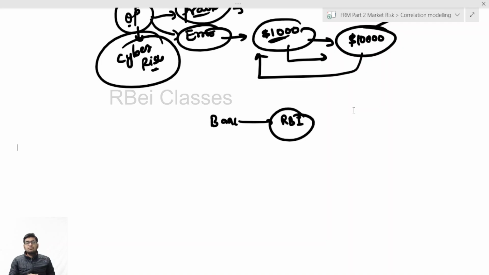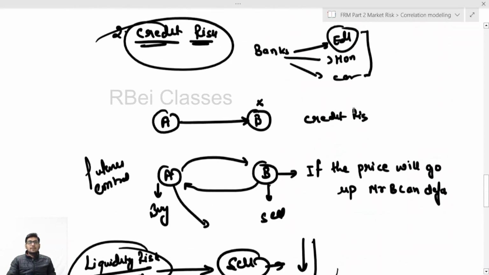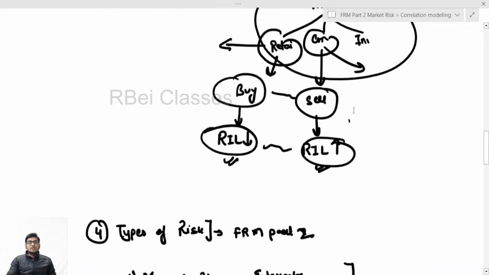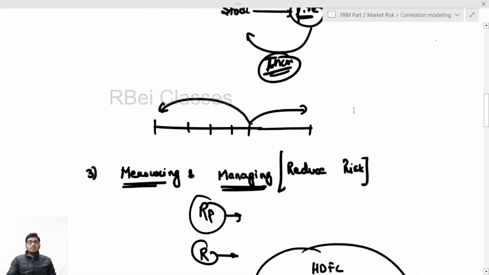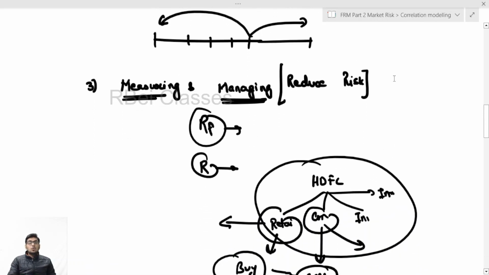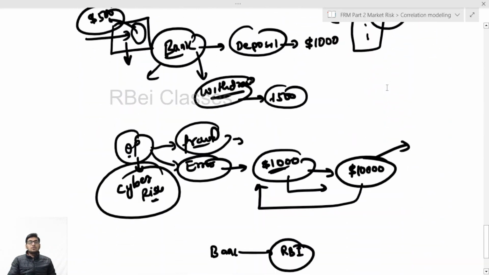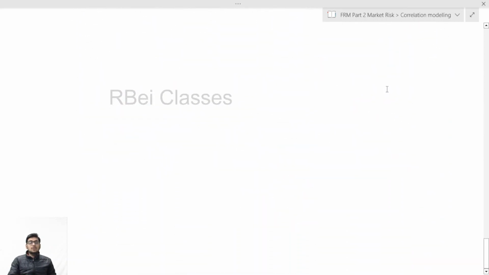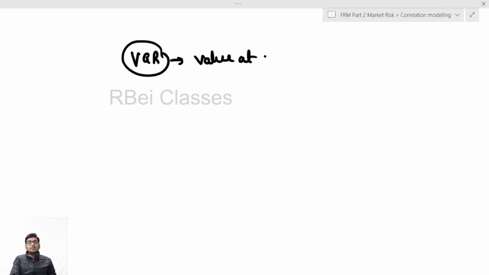Like if I give you an example here, in the point of types of risk, in measuring and managing risk, there is a quantification of the risk. Quantification of the risk using quantitative techniques, and there is one technique known as VaR, that is Value at Risk. Now this topic is discussed in detail in your Book 4.